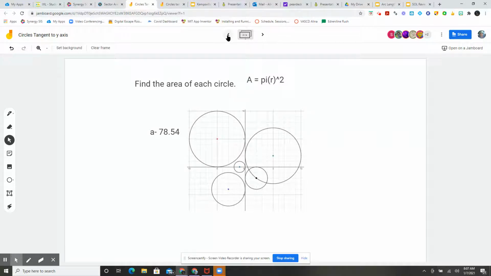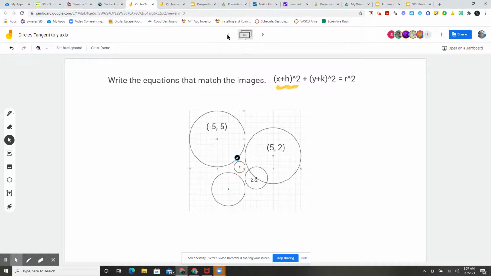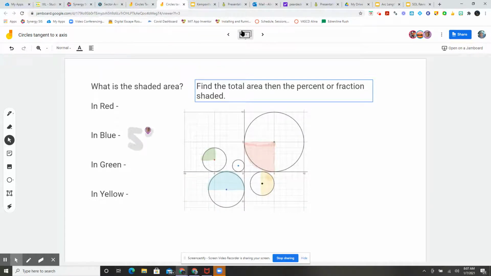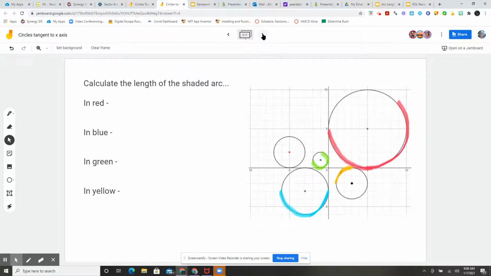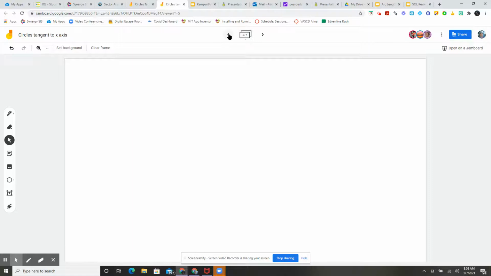I see an area. See some circle centers. Nice work. Perfect. On slide 4, a couple people writing the percent that the circle is shaded.